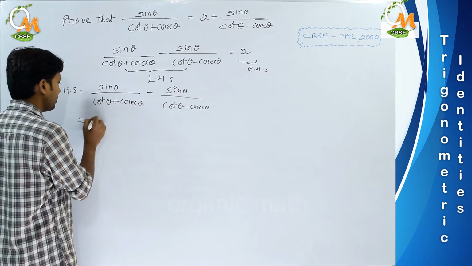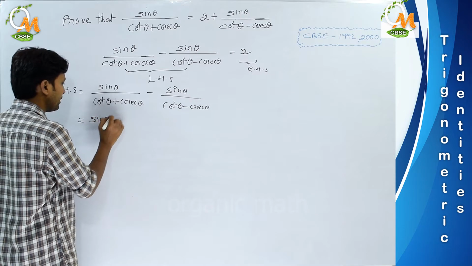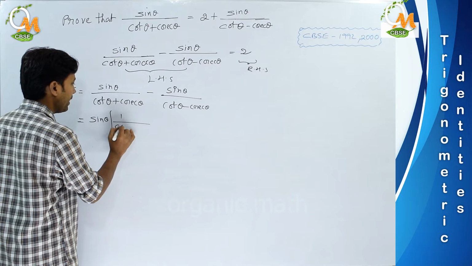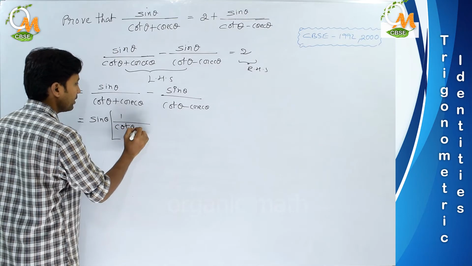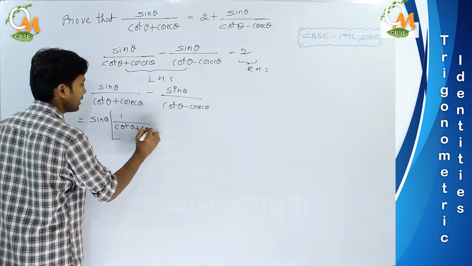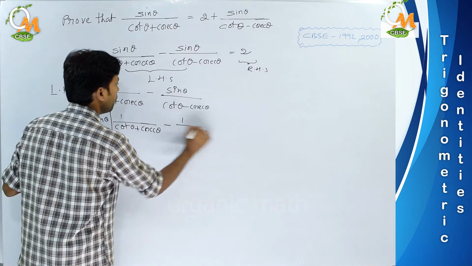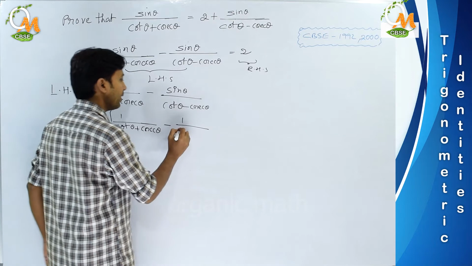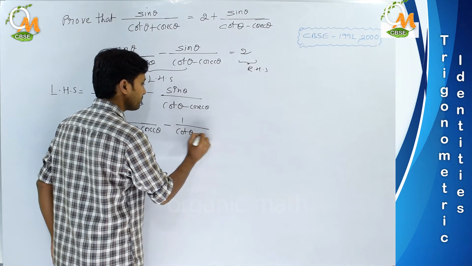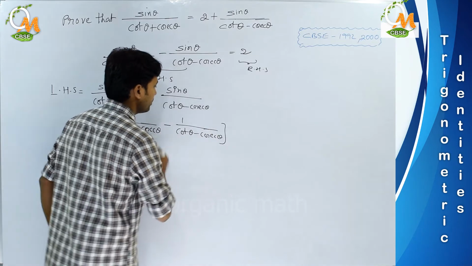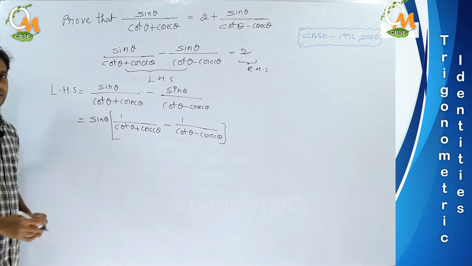Sine theta is taken common, and 1 is left over in the numerator: 1 by cot theta plus cosecant theta minus 1 by cot theta minus cosecant theta. So this would be your expression inside the bracket.